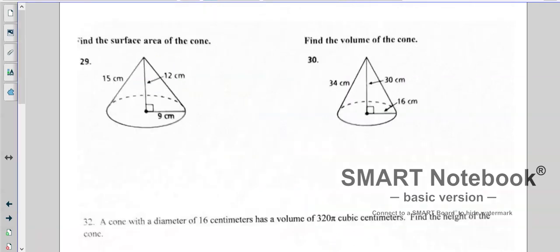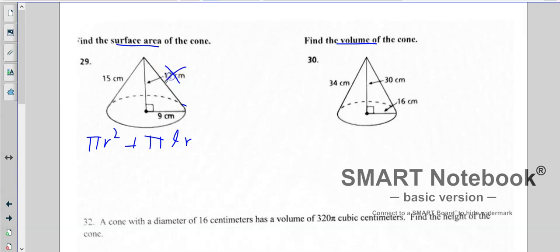All right, cone, but we're finding surface area, different formula as opposed to volume. Pay attention to what it's asking for. All right, so in this case, it's pi r squared, which is just the area of the circle, the base, plus pi times the slant height times the radius.